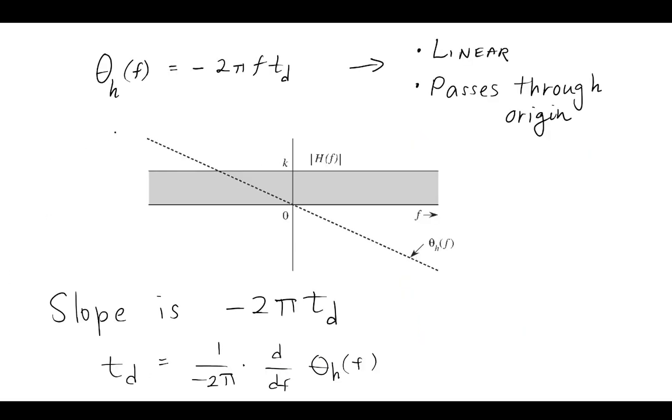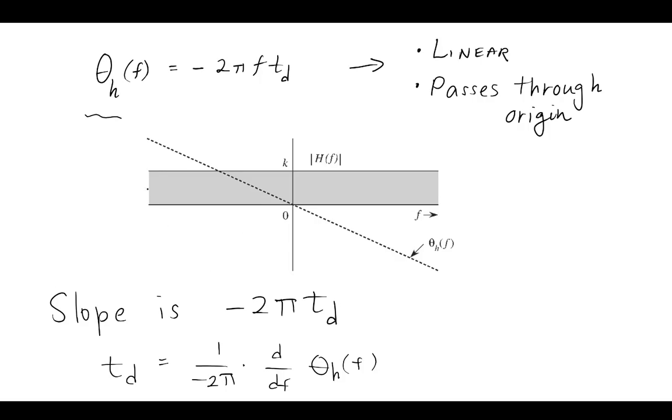Taking a closer look at the phase response, we determined that the ideal phase response would be minus 2 pi f t_d, using the Fourier transform time shifting property. We know that the slope of this is minus 2 pi t_d, and we found that because we just took the derivative of this.